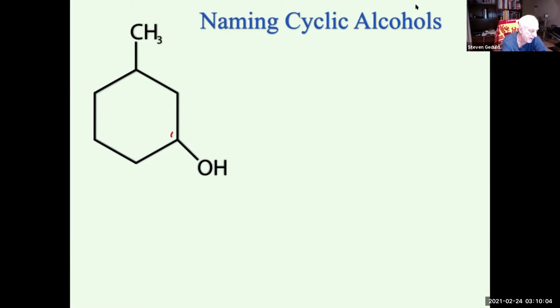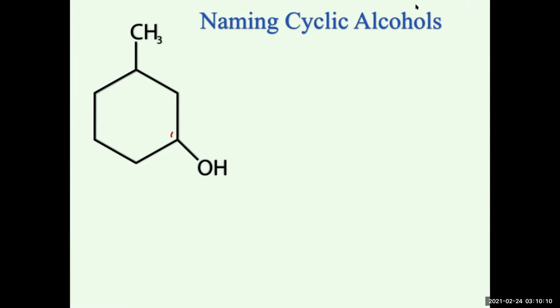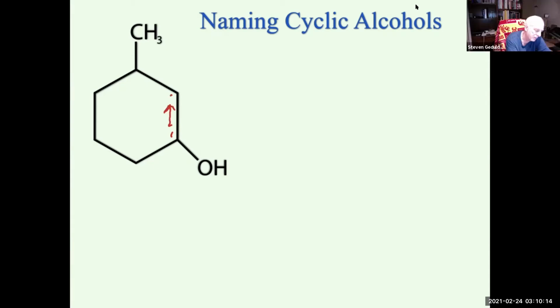Is it number 5 for the methyl group? Or is it number 3? We're going to give it the lowest possible number. So we're going to count this direction, not the other way. We'll go 2, 3. Because if we went the other way, it would be number 5. So we're going to count that direction.